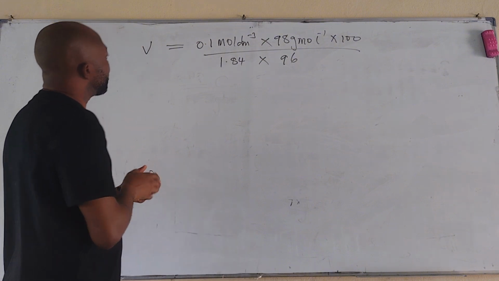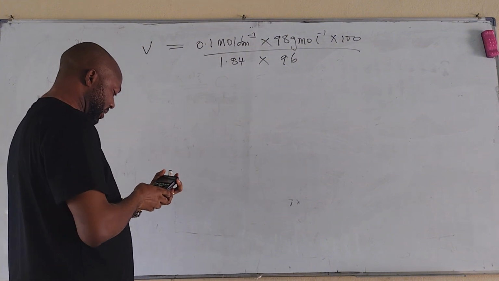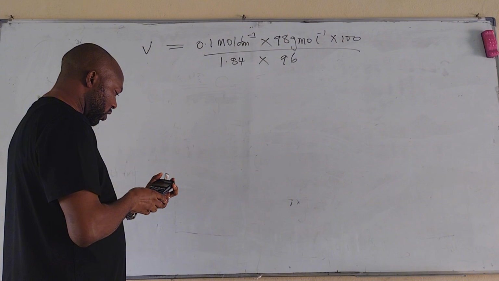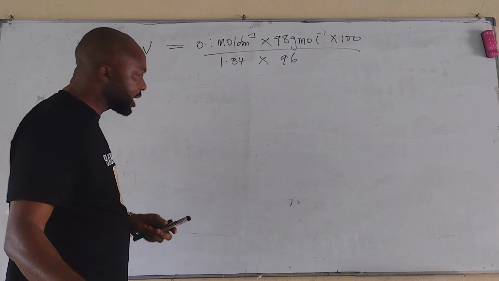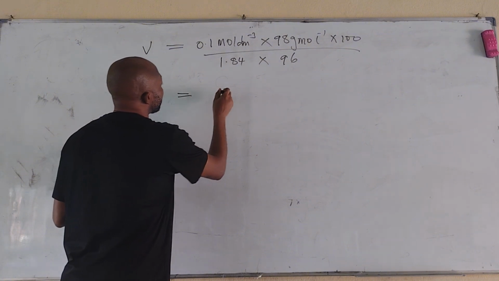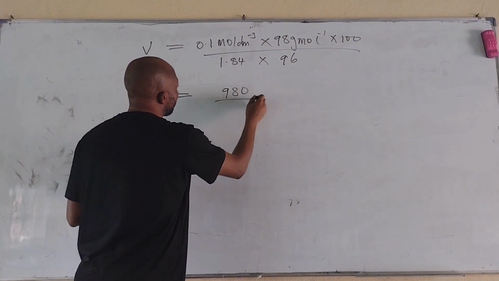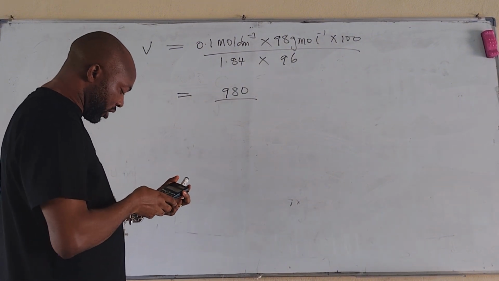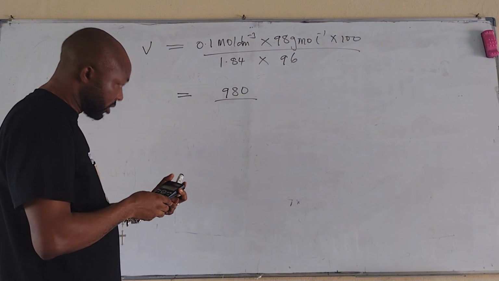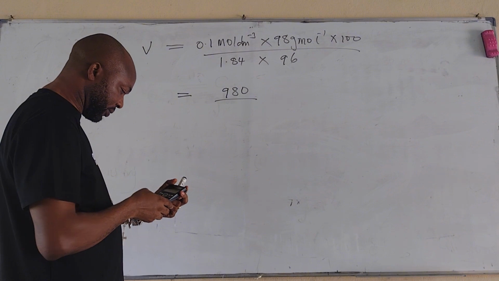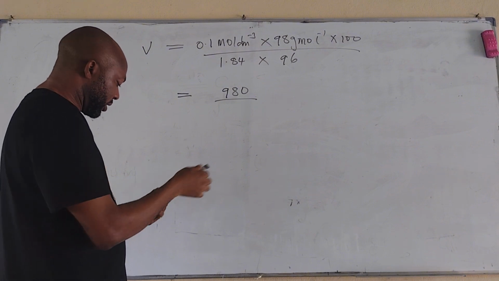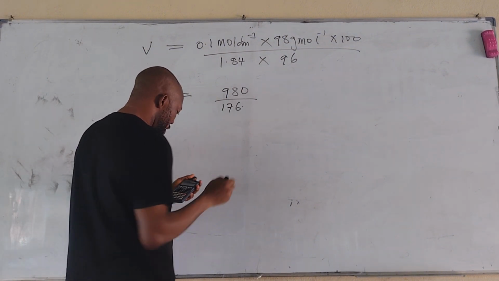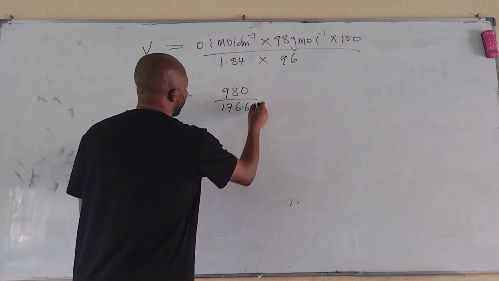Now 0.1 times 98 times 100 gives 980. 980 over 1.84 times 96, which is 176.64.